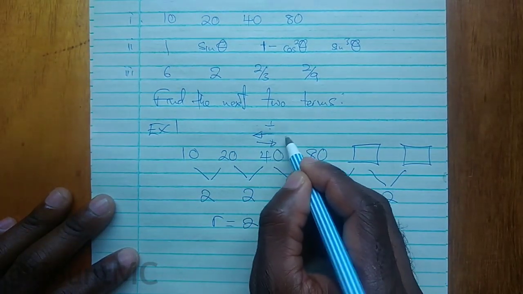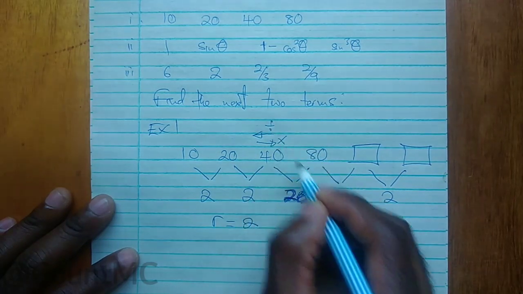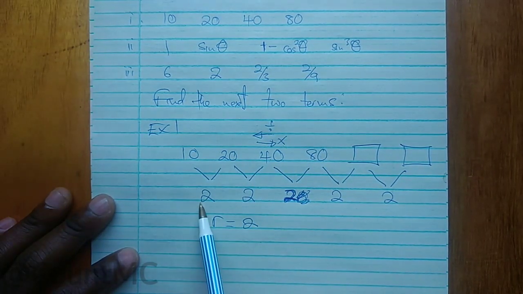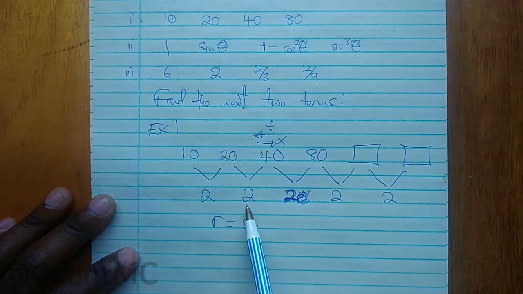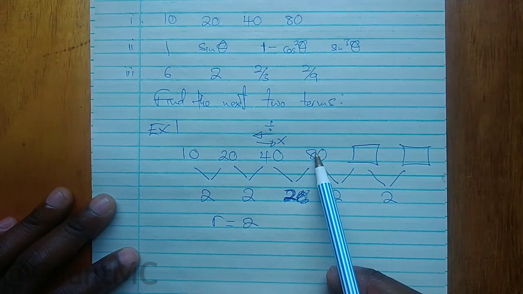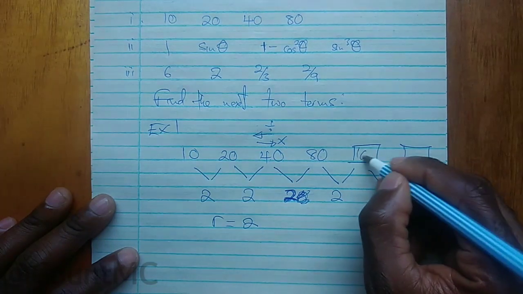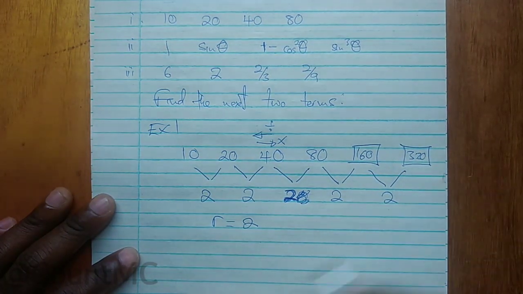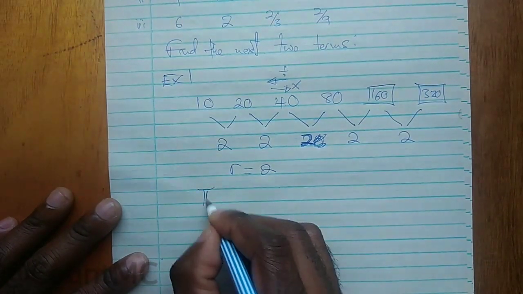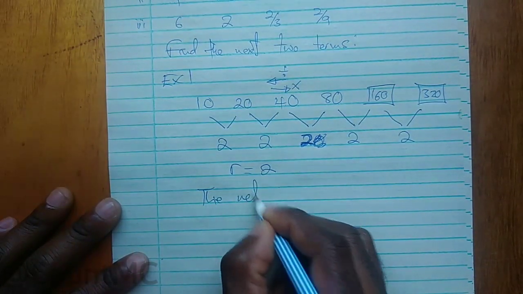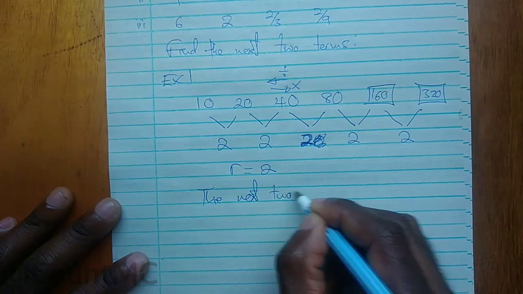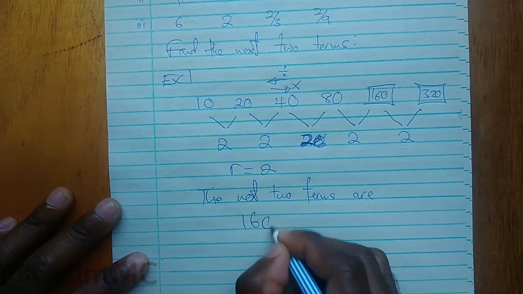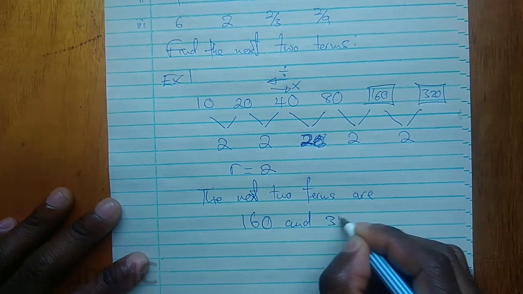Now when you are going this way, you are multiplying. Okay, take note of that. So you are saying 10 times 2, get a 20. 20 times 2, 40. 40 times 2, 80. 80 times 2, 160. 160 times 2, 320. So the next two terms are 160 and 320.